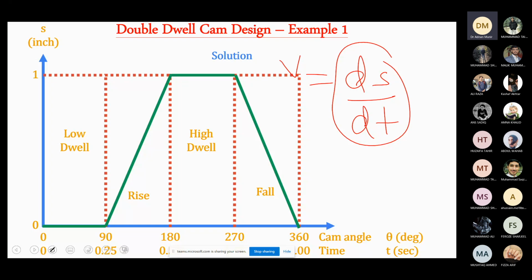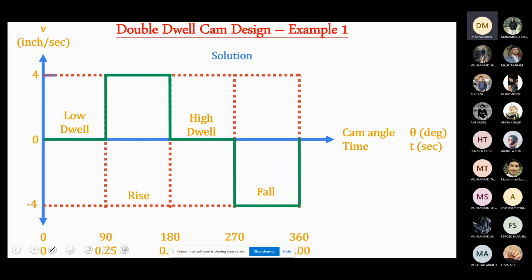So now if you look at the velocity versus theta diagram, you will see that the dwell is 0. Because the order decreases, this is the velocity profile that we get. The velocity increases initially, it becomes constant, and then it decreases again. This is high dwell, and then again we have an increase in velocity in the negative direction, and then constant velocity, and it decreases back to 0. So this is the velocity diagram that we have.